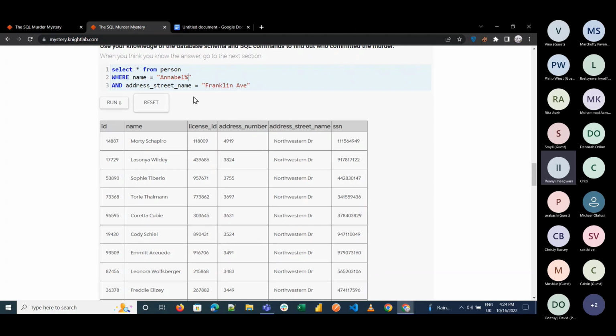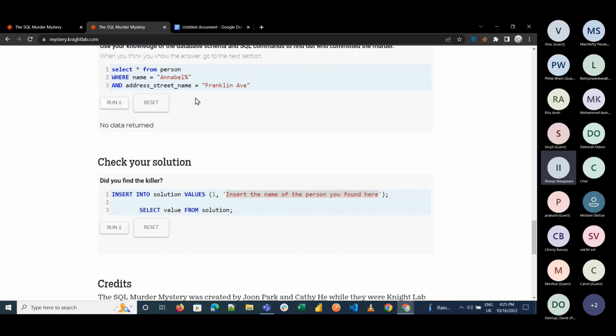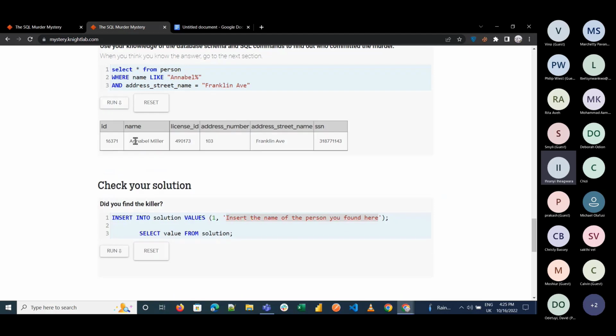It's not strictly Annabelle, it's Annabelle something, but we don't know how many characters that something is. So we use the percent sign, which means multiple characters. We run this and it shows no data returned. Okay, so where the street name is this, and the name is LIKE Annabelle. So this is who we're looking for now.